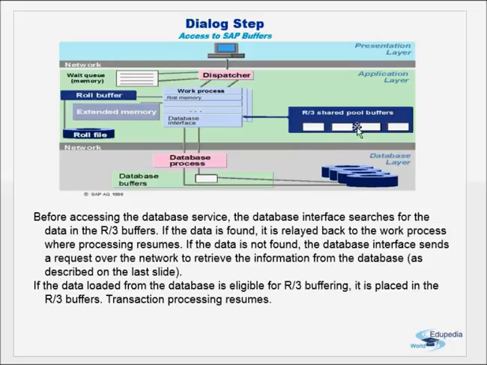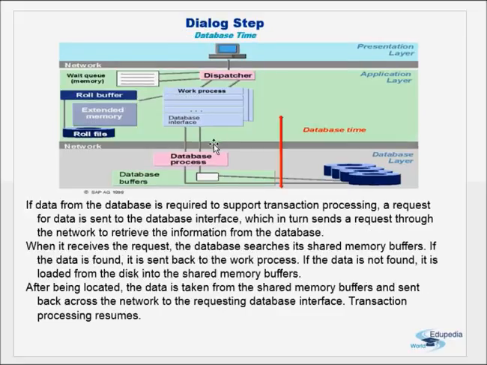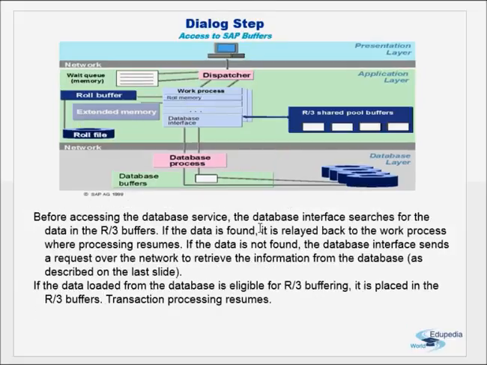Before making a call to the database, it will check in the buffers. If it's a hit, then the data is taken into the work process memory and processing resumes. If it's not there, then as we have discussed in this slide, it has to make a database call. It has to access the database to get the information, and once it gets the information from the database, if it's eligible for buffering, SAP uses various mechanisms and algorithms for buffering.